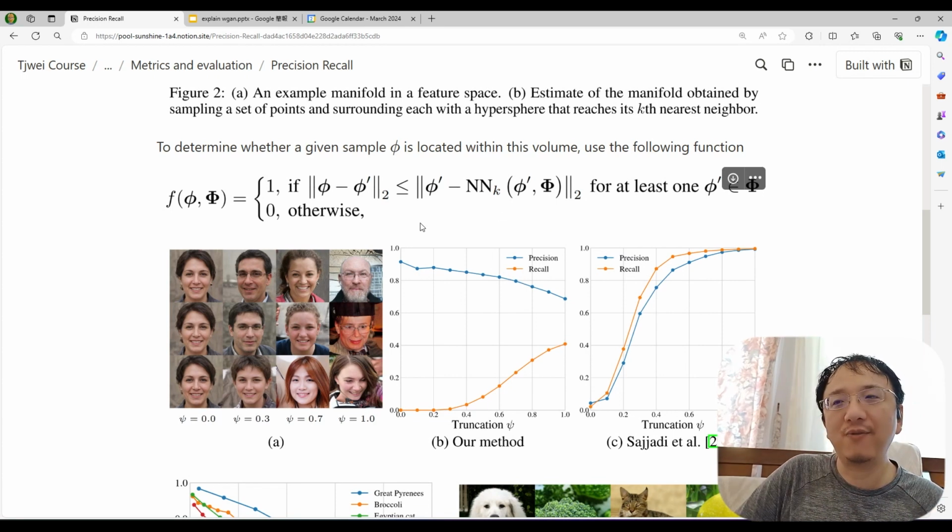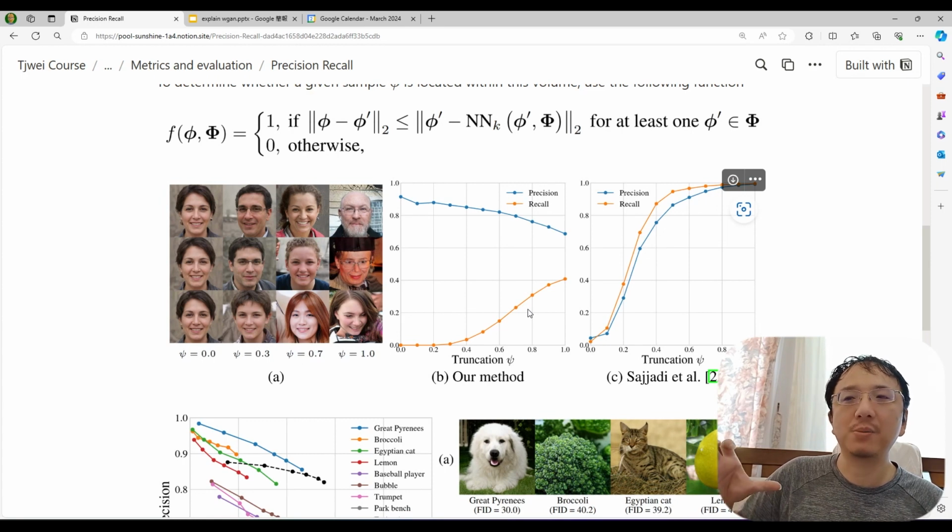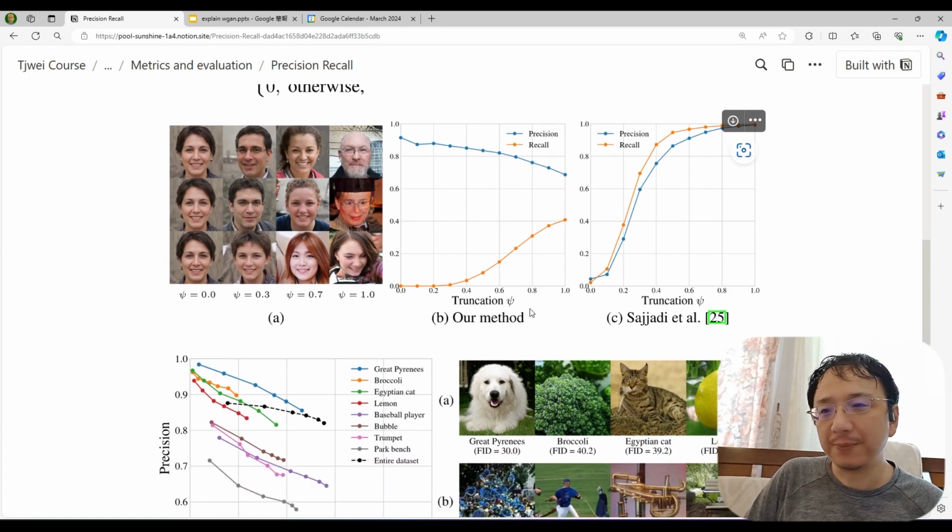This is not a very good approximation. However, the result of this paper says that although this approximation is very lousy, the resulting precision and recall scores are good and align well with what people actually perceive as image quality.